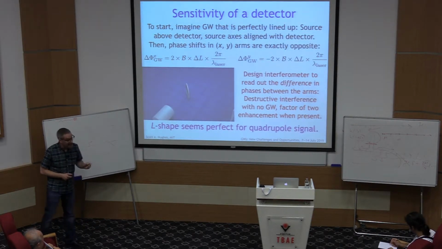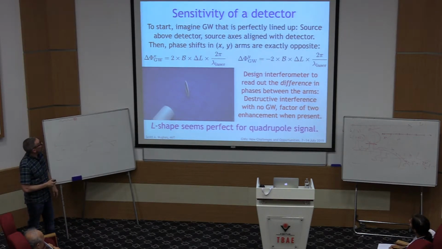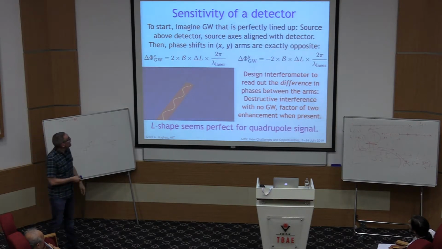Those of you who were at my lecture last night saw a piece of this already. If we imagine a gravitational wave that is perfectly lined up, then the phase shifts associated with the change in length of my 2 end mirrors are exactly opposite from one another.